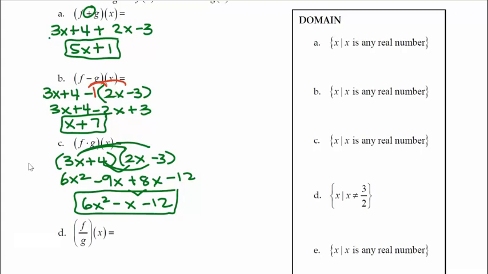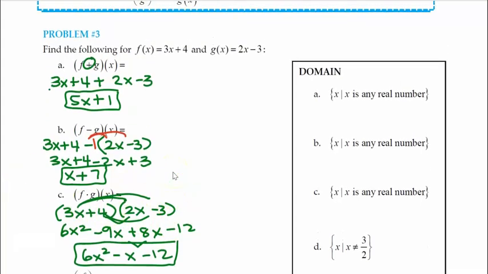Okay, and notice over here, this is important to know. The domain on all of these that we've done so far is any real number. Remember we talked about the domain of something where there is a fraction? You've got to be really careful if there's a fraction, because there could be an x value that it cannot be.